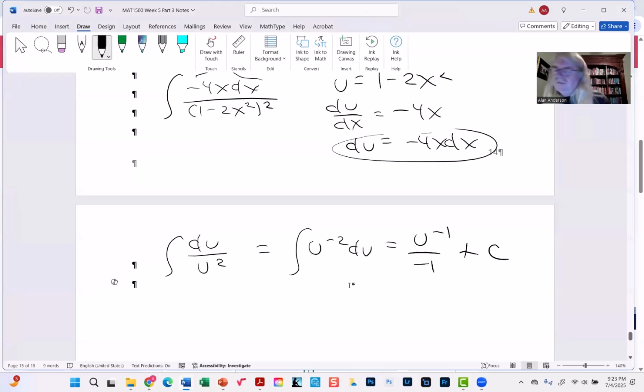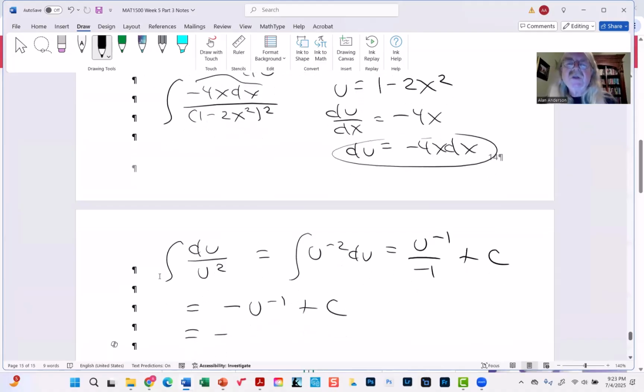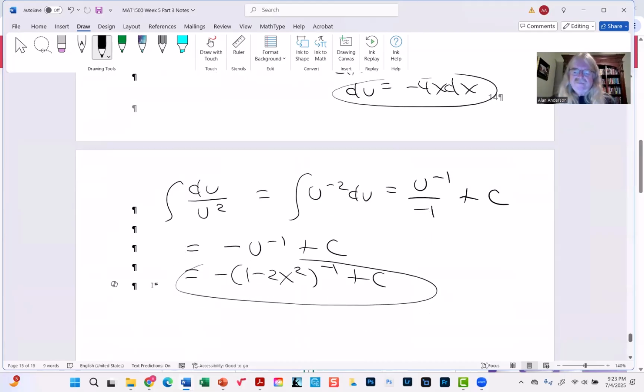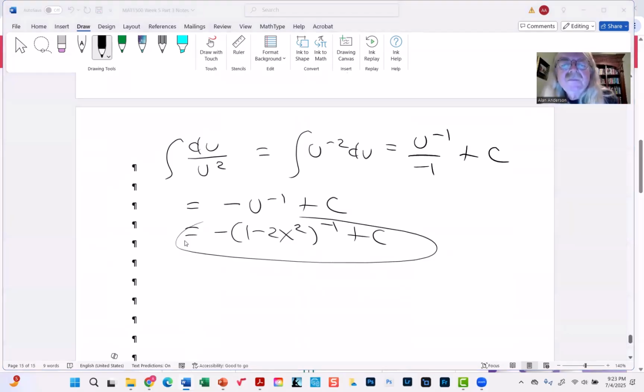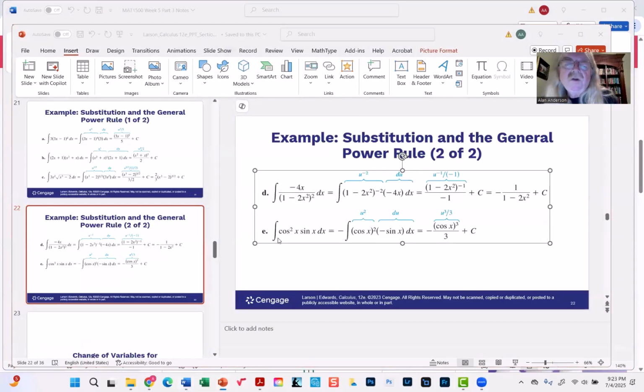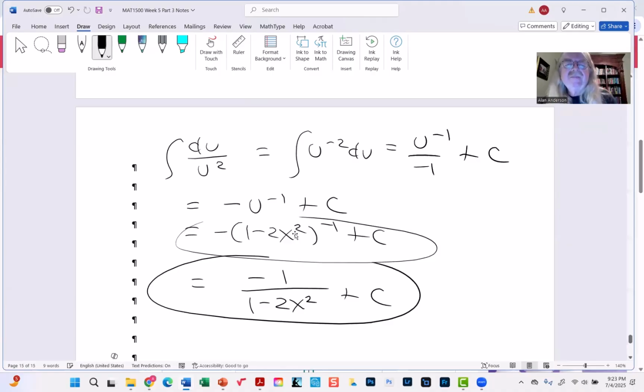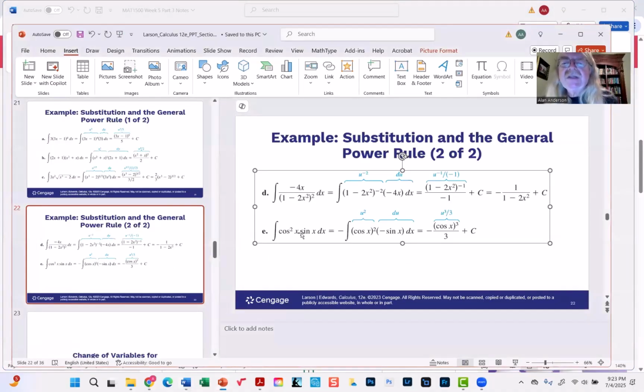So we can think of this as, and of course, u is 1 minus 2x squared. Or of course, they rewrote it as minus 1 over 1 minus 2x squared, because of course it's the same thing. All right, and then of course now here we are.